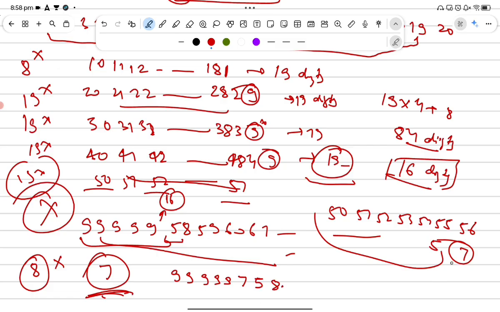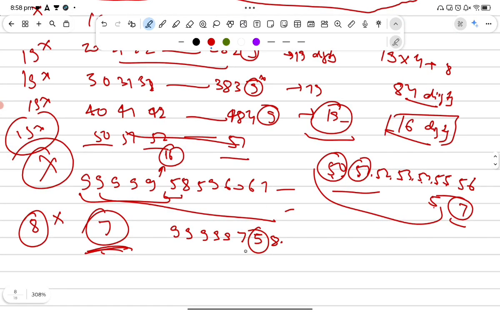We'll leave 7 here. How many digits is this? 2 plus 2. That's okay. So 1, 2, 3, 4, 5, 6, 7, 8, 9, 10, 11, 12, 13, 14, 15. What else? We can delete this 5 as well. We don't care. So we deleted this as well. So 9, 9, 9, 7, 8, and then 5, 9.